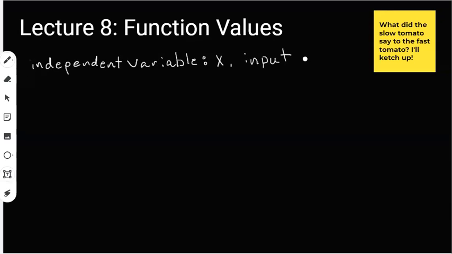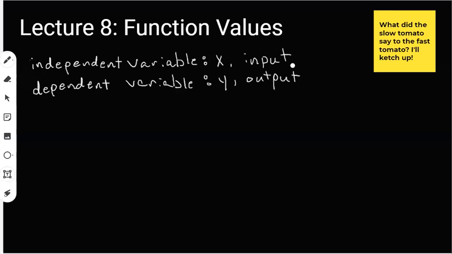So just remember x is always going to be the independent variable, and y is always going to be the dependent variable. And since we called x the input, we're going to call y the output.